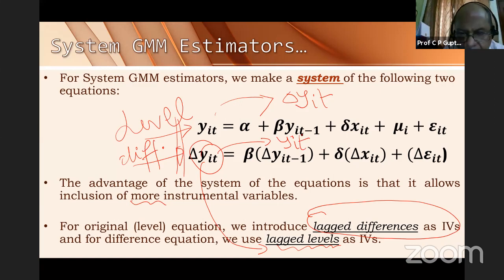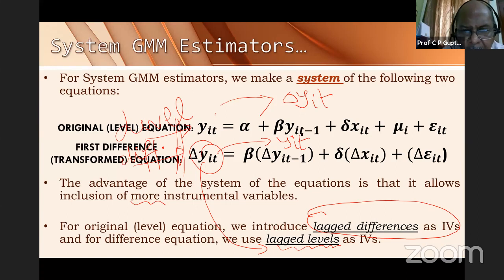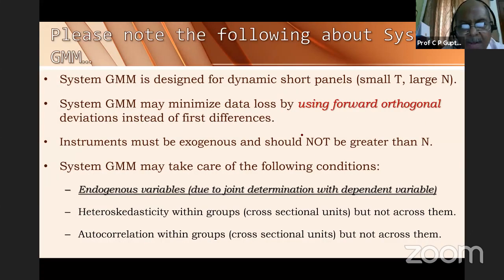So you are using more instruments and more information, and it is expected your estimators will be more efficient and better. System GMM is designed for dynamic short panels.